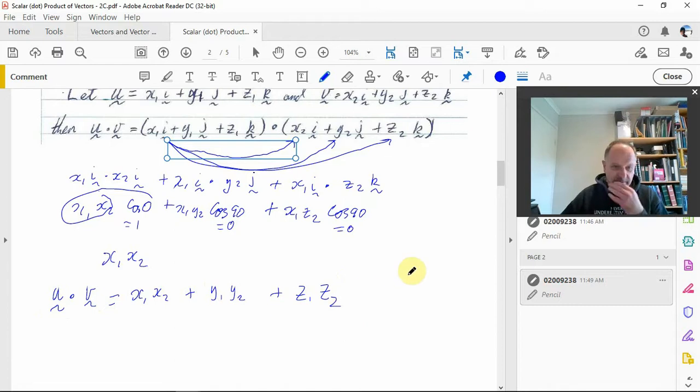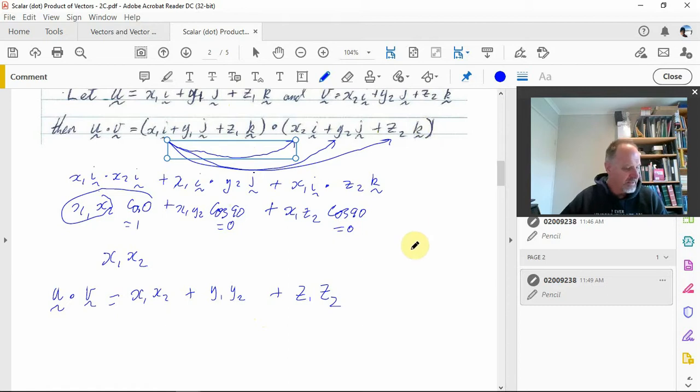The reason we end up with these is a similar analysis: we would have j times j and the angle between them 0, and for the z part, the k component, k times k, and the angle between them 0.